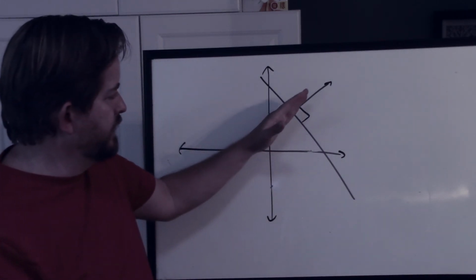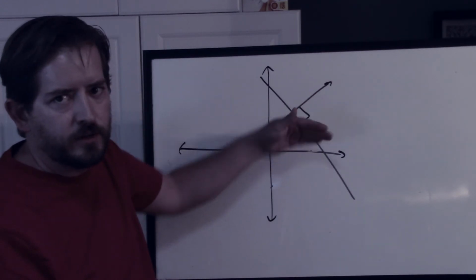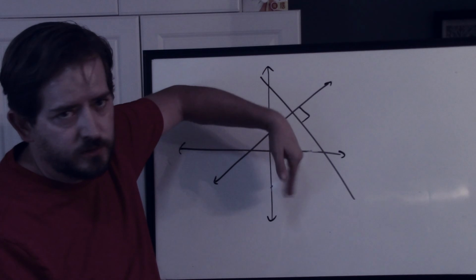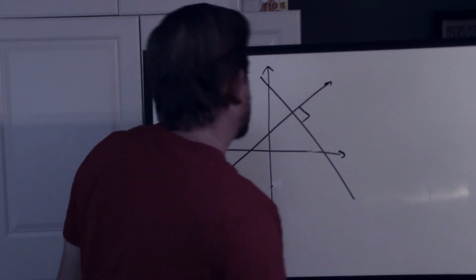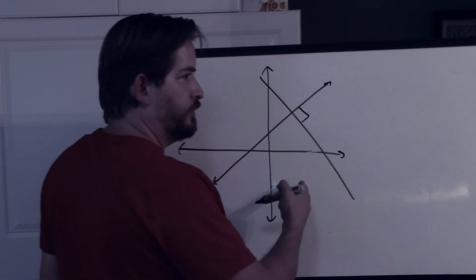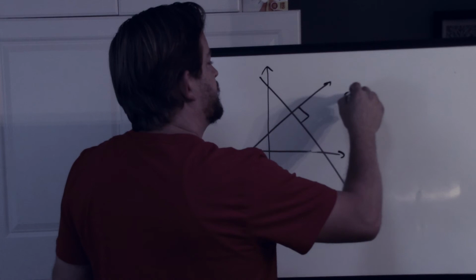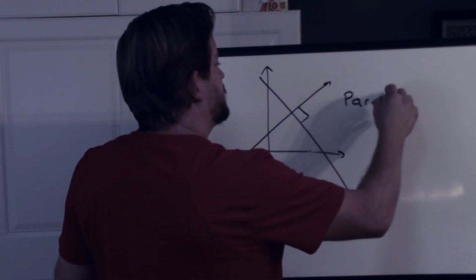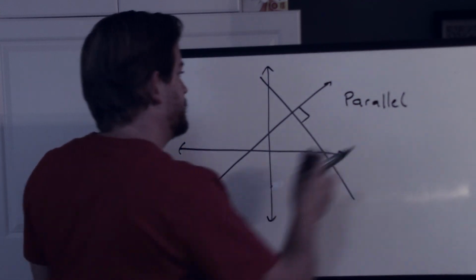If one of these lines were to change, in order to maintain a 90-degree angle, the other one would also have to change, right? The interesting thing about these angles is that they cause the slopes to have a partnership, and this is that partnership. Parallel, not what we're talking about. Perpendicular.